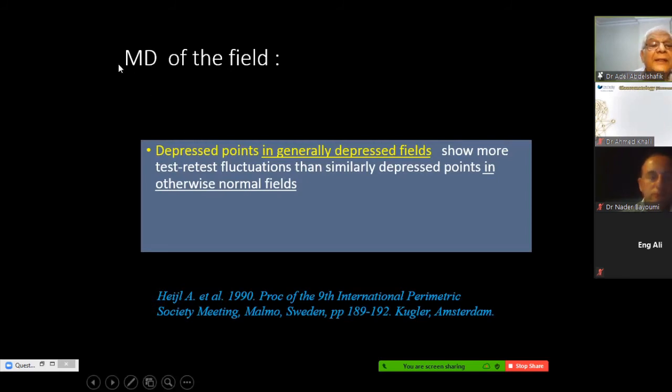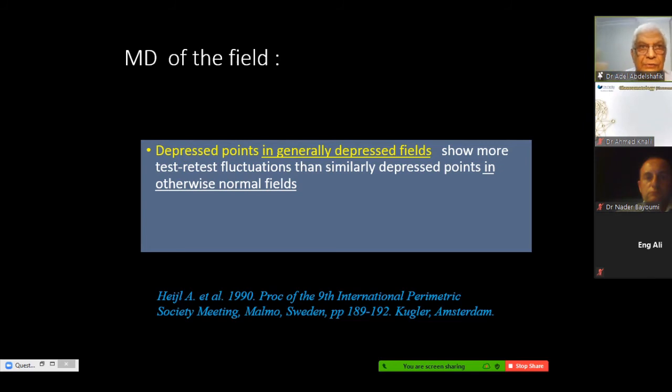Third, the mean deviation of the whole field. Depressed points in a generally depressed field show more test-retest fluctuation than similarly depressed points in an otherwise normal field.